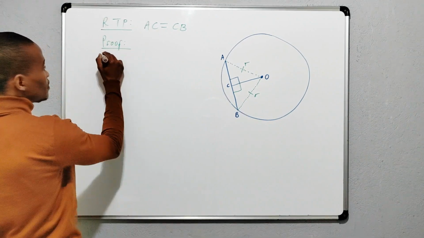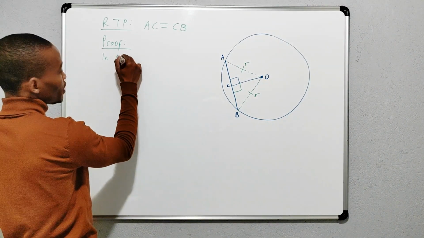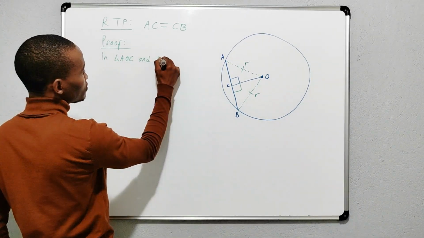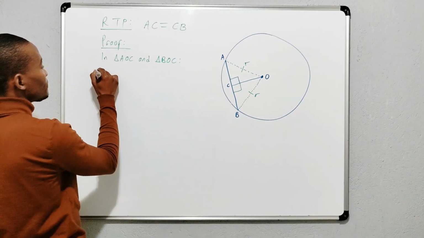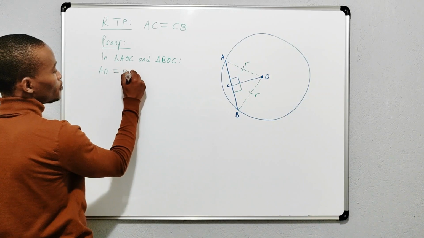okay, in triangle AOC and triangle BOC, what is happening? AO is equal to BO.